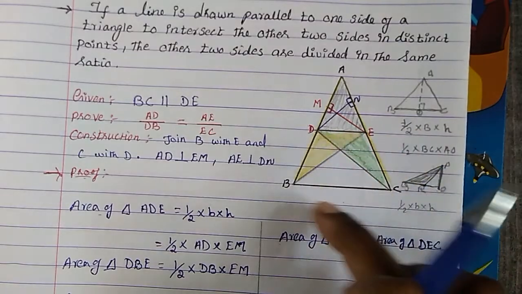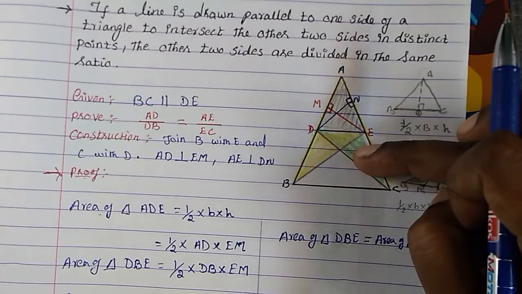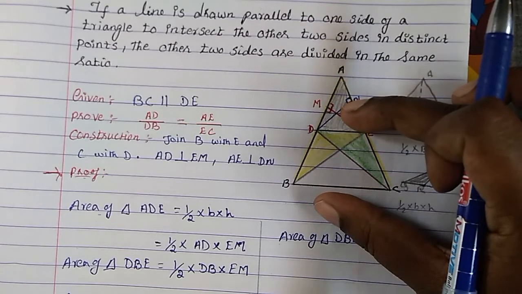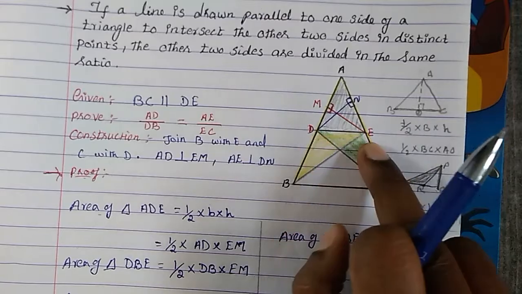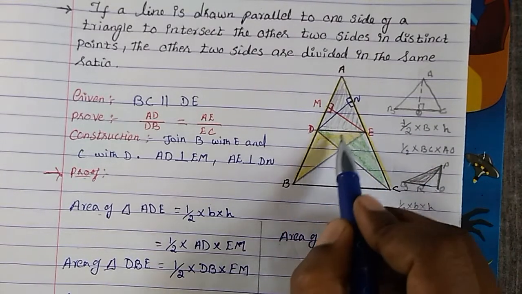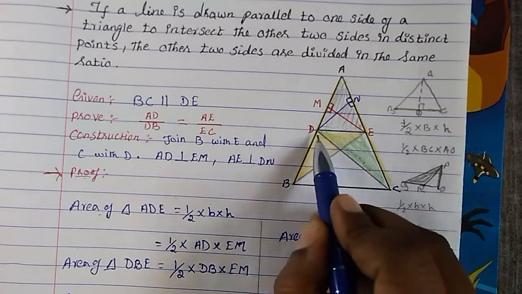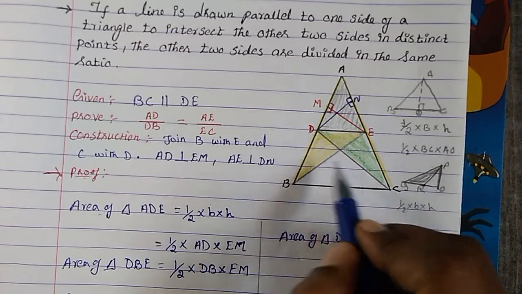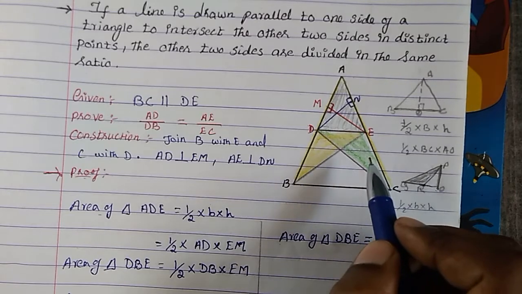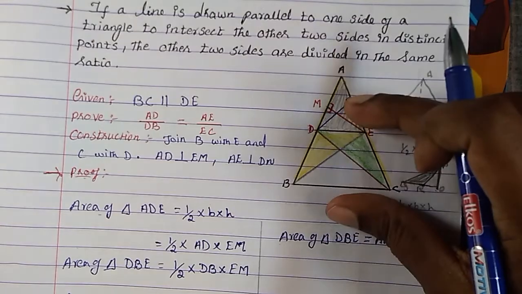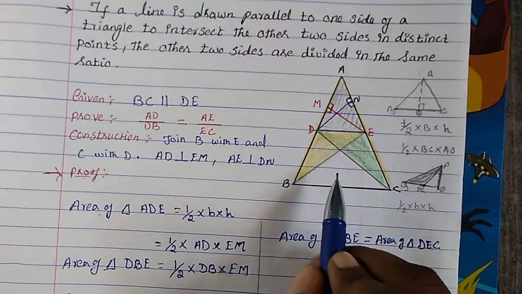DE and BC are both parallel lines. Between these parallel lines, these two triangles are formed, and the base of both triangles is DE, common to the yellow triangle and the green triangle. So there is a property that if two triangles are formed between two parallel lines and have the same base, then their areas will be equal. So that is the property.